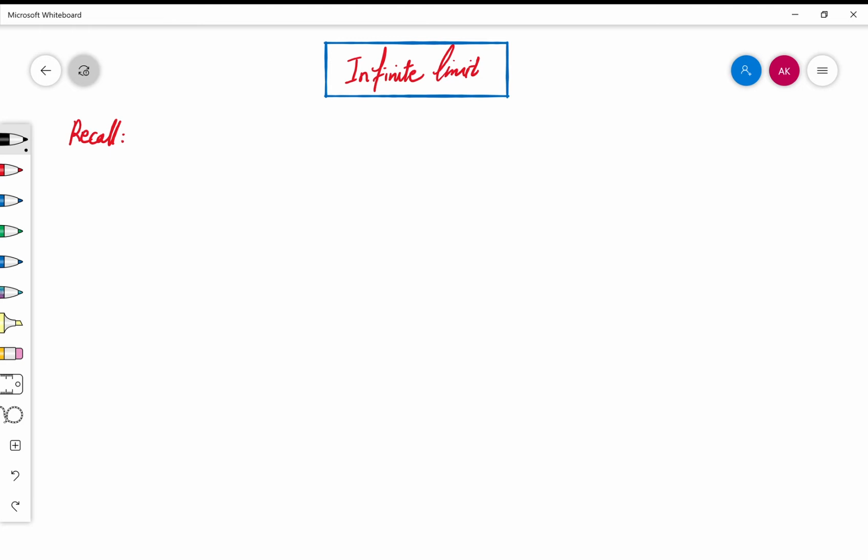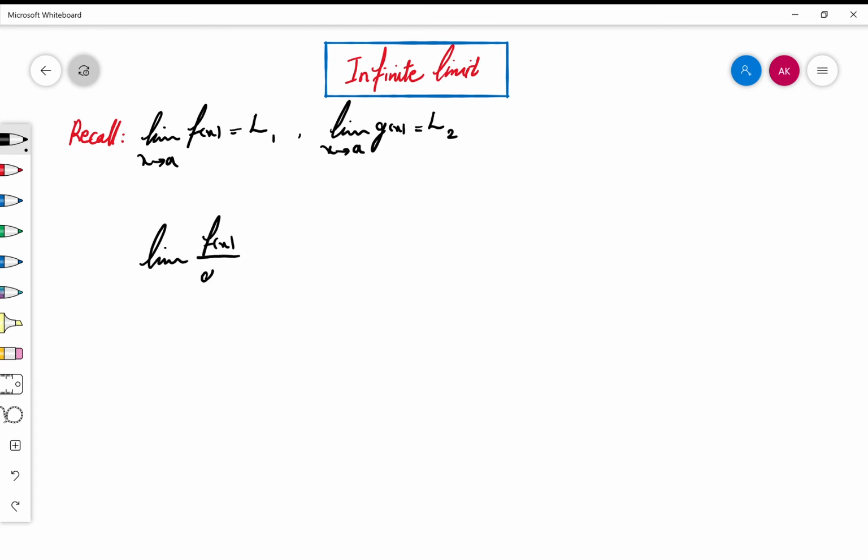Well, remember that when you have two functions f, and let's say both of them have limit L1 for f and L2 for g as x goes to a. Then when we were trying to find limit of the quotient of these two functions, there were, at least at the beginning, two different possibilities.